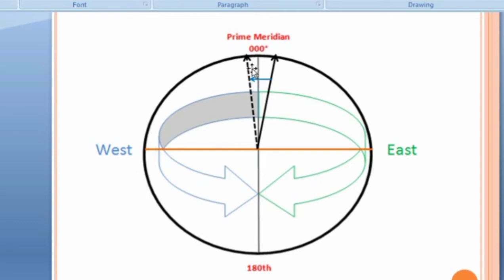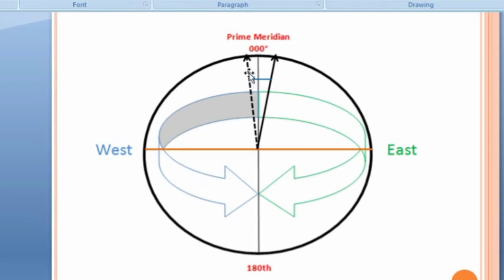So this broken line here represents the longitude of arrival. So that's why we have subtracted it in order for us to determine how much is the value for this one, and we have 2 degrees 10 minutes west.